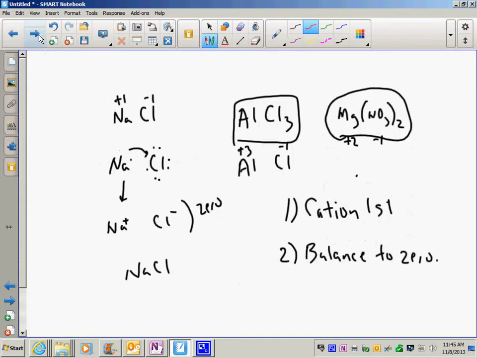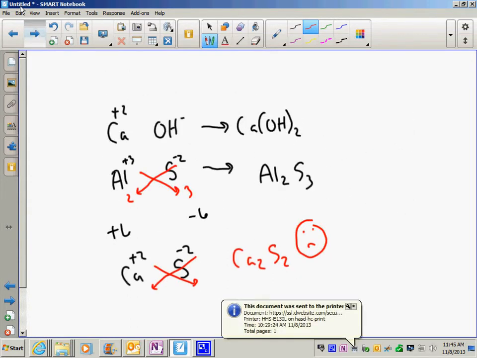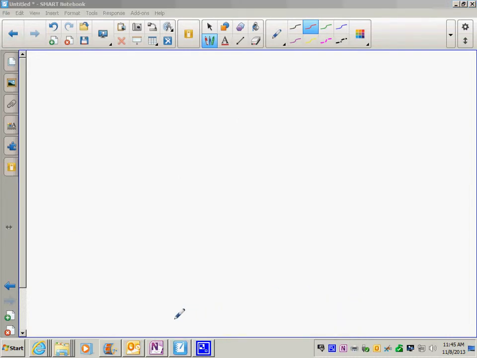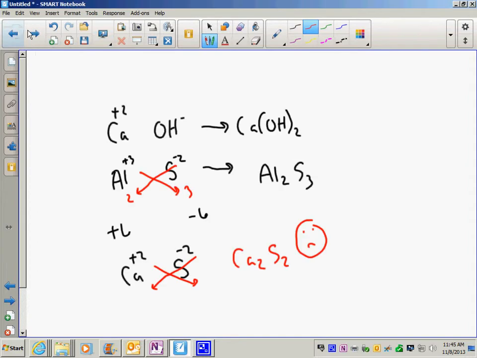Every single ionic compound has to exist as an empirical formula. So if you get the situation where they're the same number, you would reduce it down. Or you can think of it as, how many -2s do I need to balance off the +2? 1. One of these and one of these balances to 0. So my formula would be CaS.